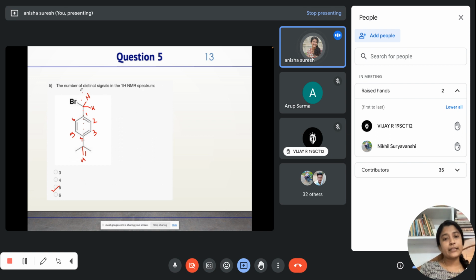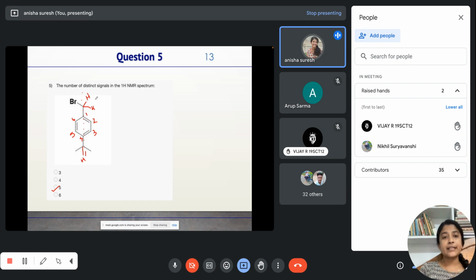When we are considering this plane over here, the protons 2 and 6 will be identical. They will be in the same chemical environment, and protons 3 and 5 will be also similar. They will be in the same chemical environment, and these two CH3s will also be in the same chemical environment.